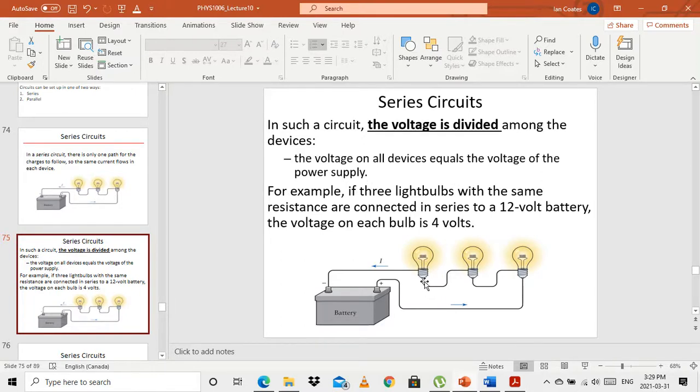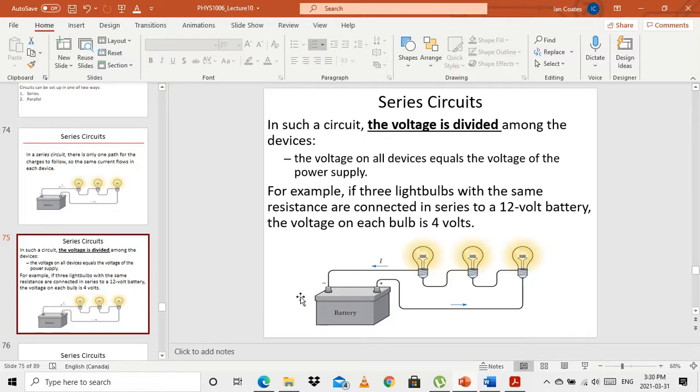For example, if 3 light bulbs with the same resistance, and they have resistance because the electrons have to go through them, so they're offering some resistance, are connected in series to a 12-volt battery, the voltage on each bulb is 4 volts.